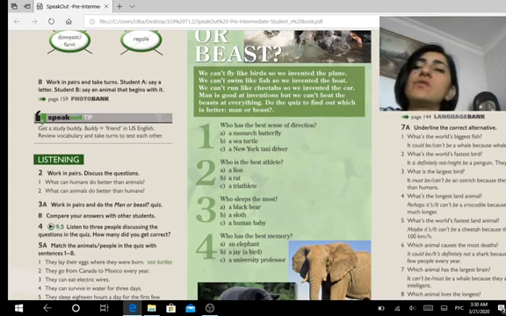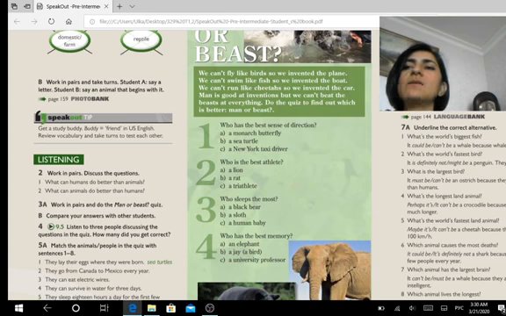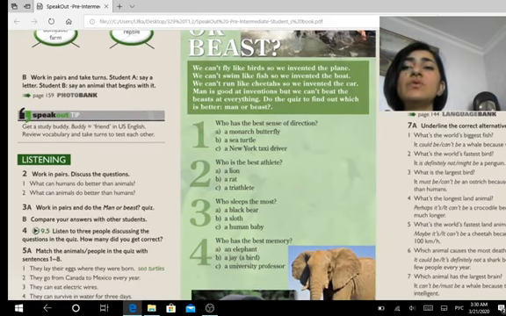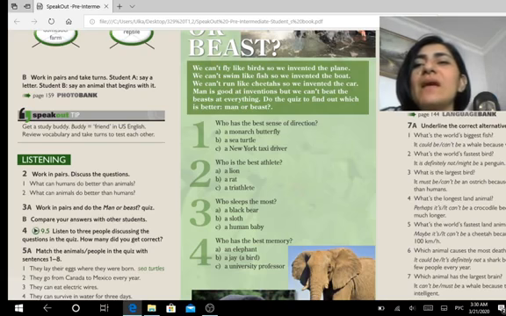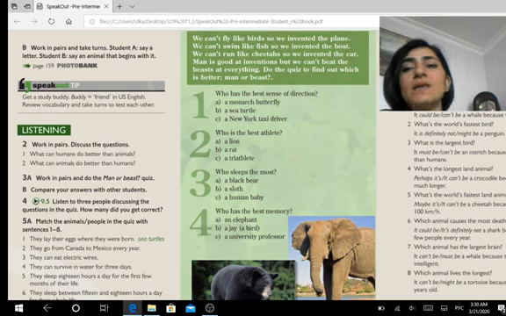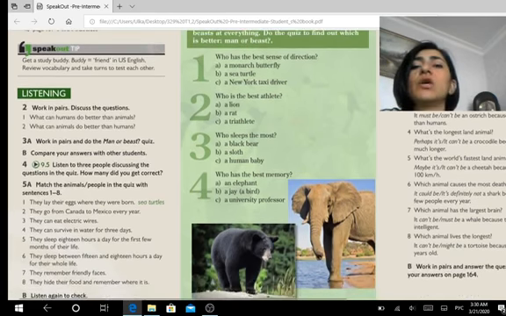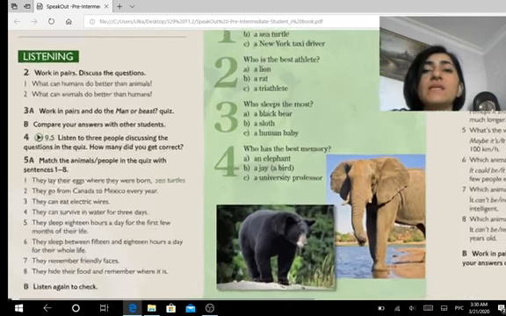For example, the first one is, who has the best sense of direction? Who do you think has the best sense of direction? A monarch butterfly, a sea turtle, a New York taxi driver who takes you everywhere around the city. Like this. You guess, and after guessing, you come back to your exercise 4.